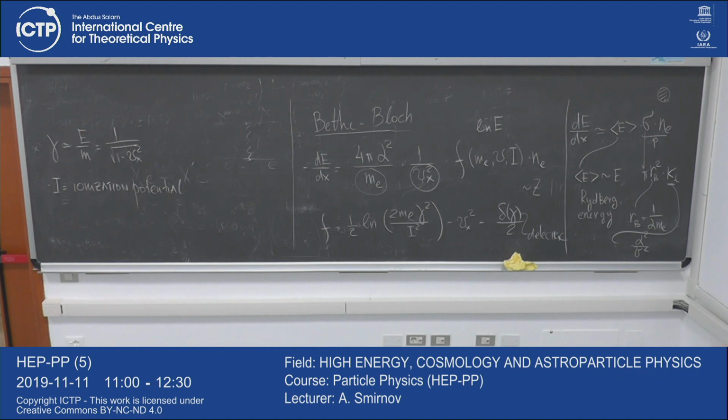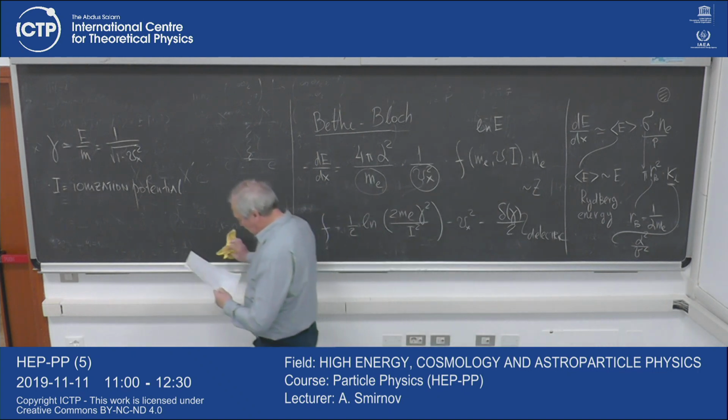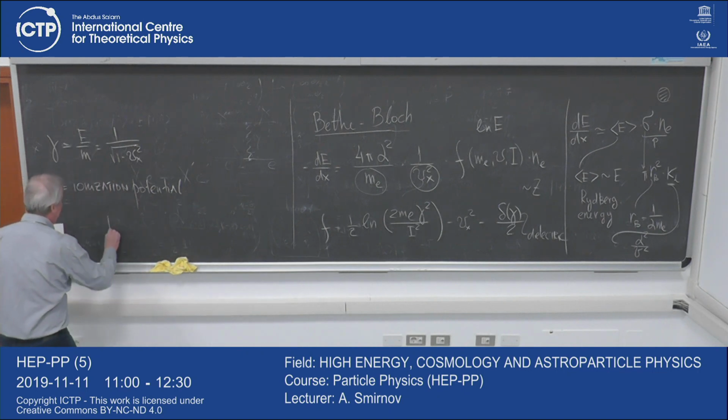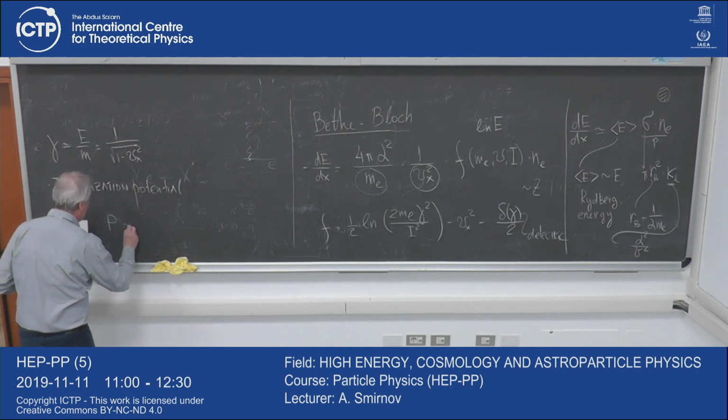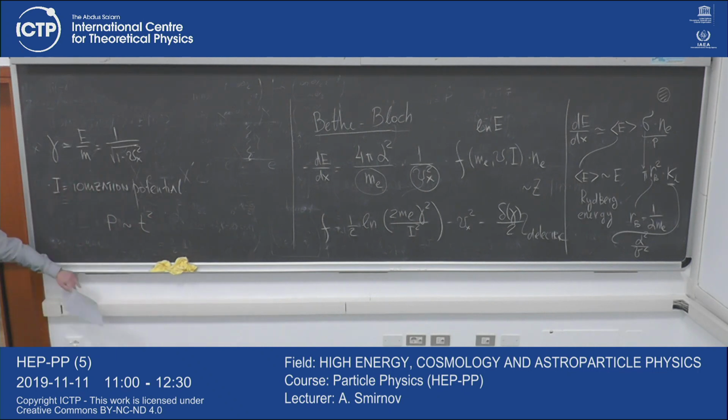Now, why is opacity inversely proportional to velocity? The point is very simple. The probability of ionization is proportional to time squared. And this is the time during which the particle is flying through the atom.